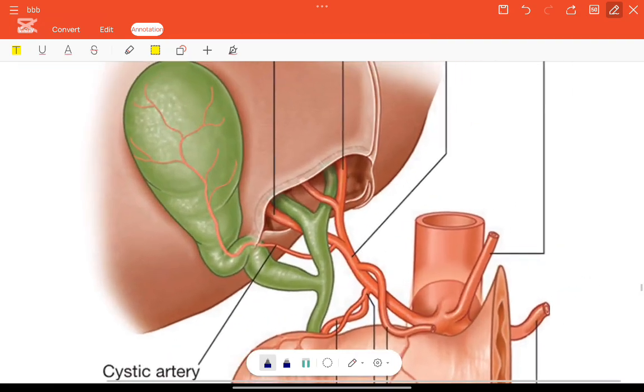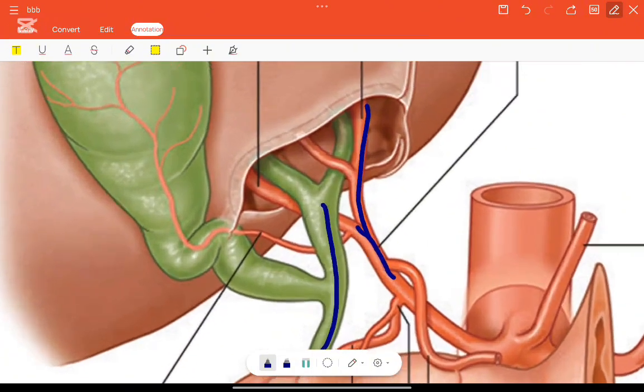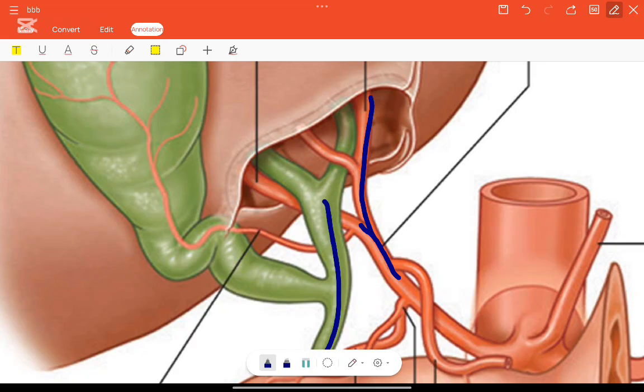Now, this hepatic artery runs in the hepatoduodenal ligament, as I told you, anterior to the portal vein and to the left of the bile duct. So it will divide into right and left branches. The left branch will just go on its way to the porta hepatis. The right branch is usually retroductal, meaning it passes behind the common hepatic duct and then goes to the liver.